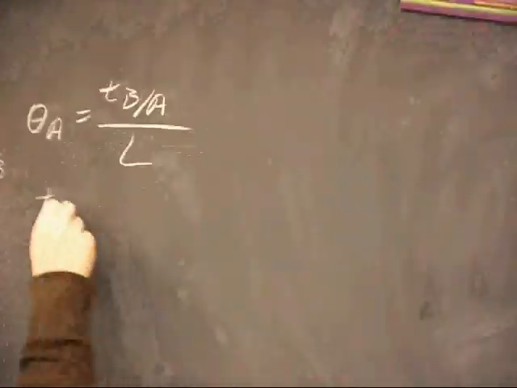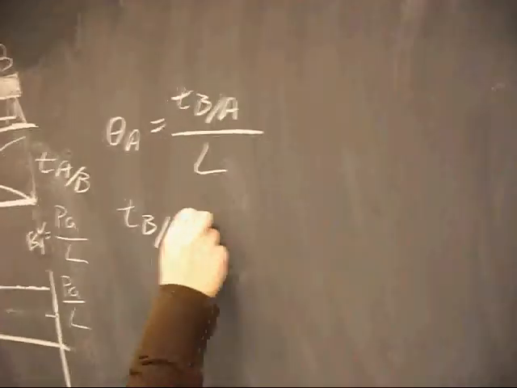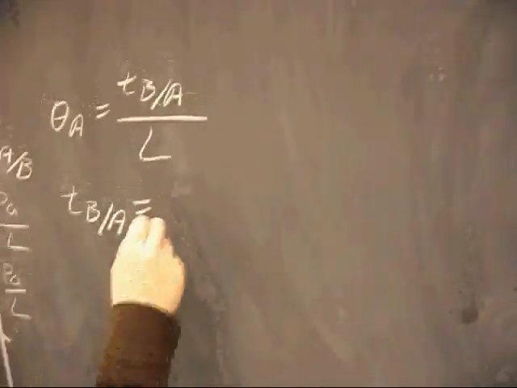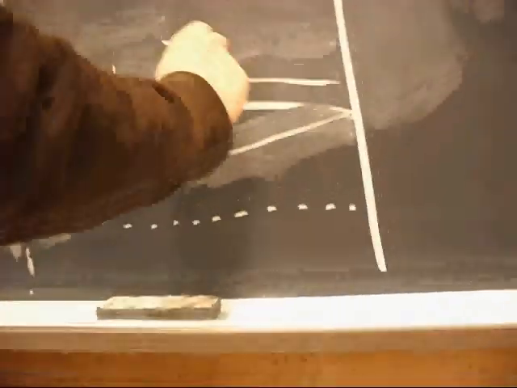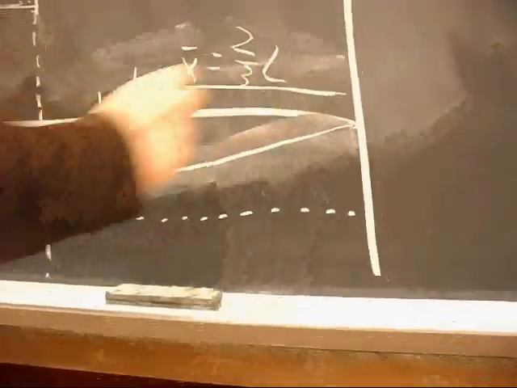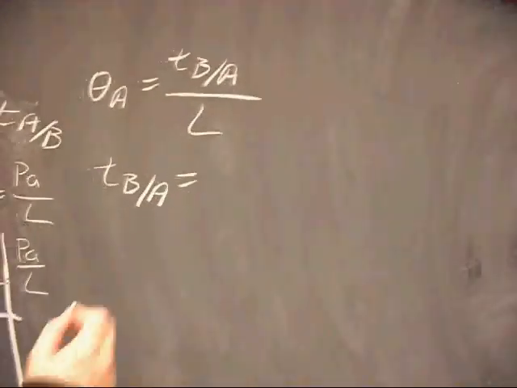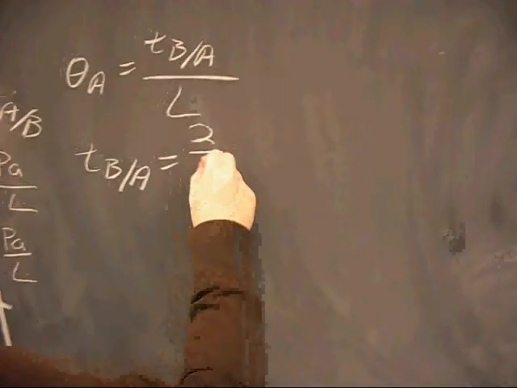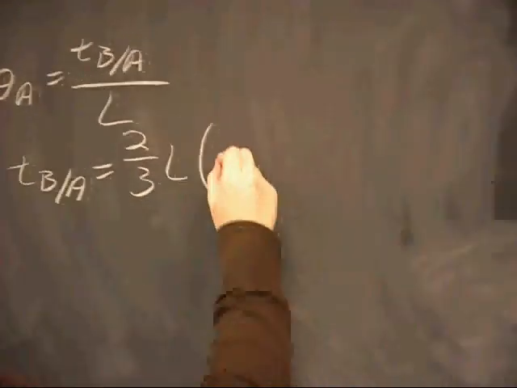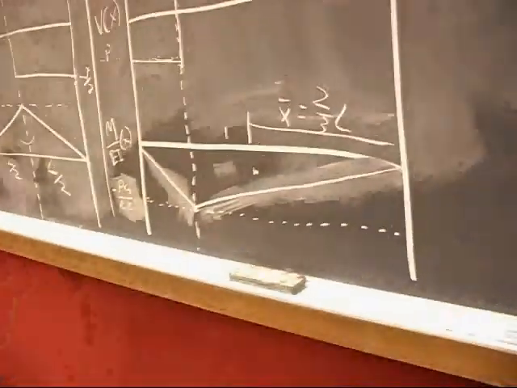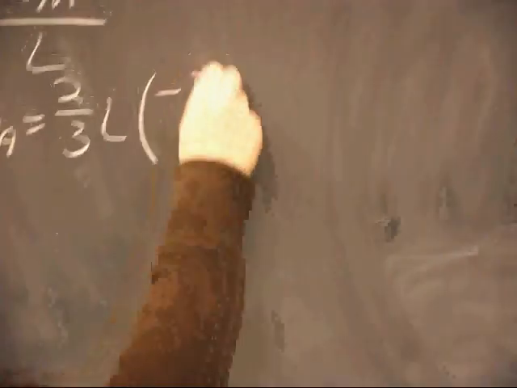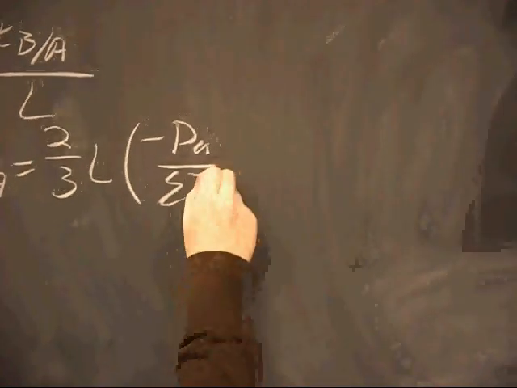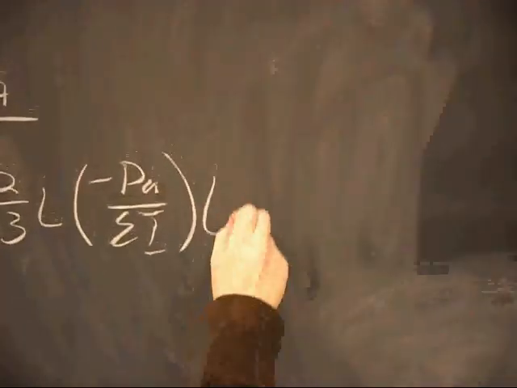So, if we want to find T of B slash A, we just take the centroid of the moment diagram between points A and B, which is just 2/3 L. So back up here, T of B slash A equals 2/3 L times the area of that triangle below the moment diagram, which is just negative PA over EI times L times 1/2.